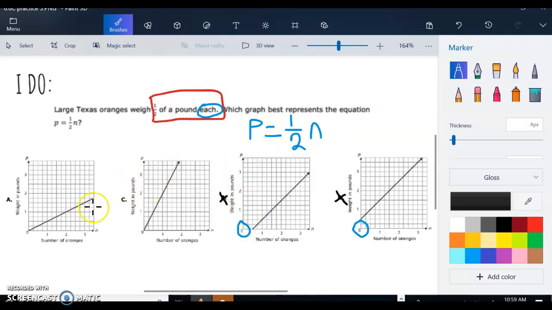Well, let's look at these two graphs here. So P is going to be on our y-axis. We're checking both. We're making sure that P is on our y-axis. It looks like on both graphs we have P on our y-axis. On both graphs, N, which is our independent variable, is going to be on the x-axis right here.